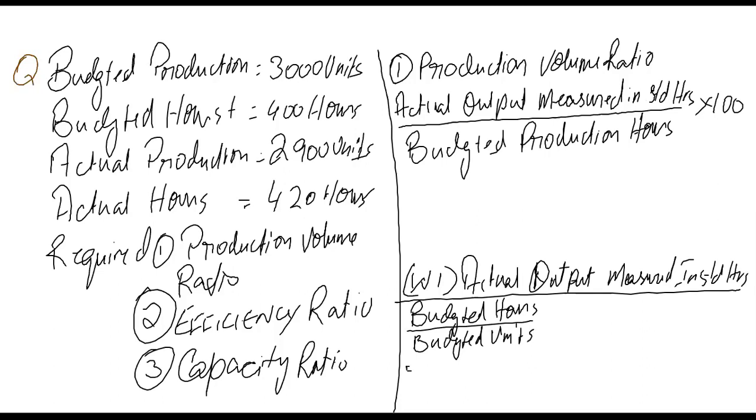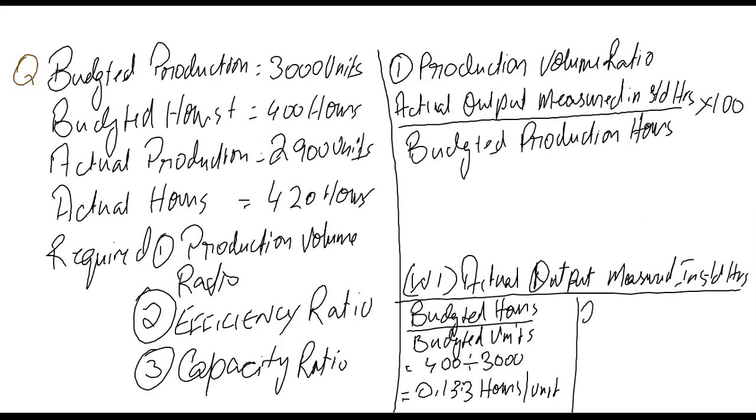So the answer is 400 hours divided by 3000 units. This means if I divide 400 by 3000, 0.133 hours per unit.